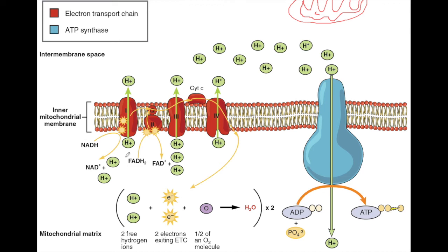The energetic electron is transferred to the first of a series of electron carriers. Most carriers are associated with membrane proteins, of which there are 4 types. A functional unit called a respiratory complex consists of one of each of these proteins, arranged in such a way that electrons can be passed from one to another down an energy gradient. That means the electron passes to the second, the third, and the fourth through an energy gradient.